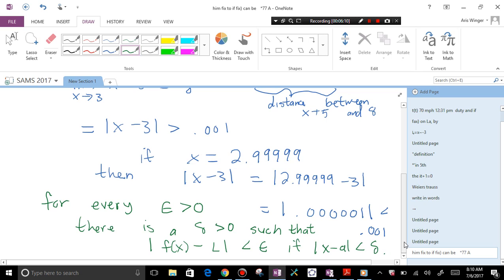I'll never write that again, but that is the definition. Okay, so this is good. From now on, stuff in green is optional. We'll leave that as the case.